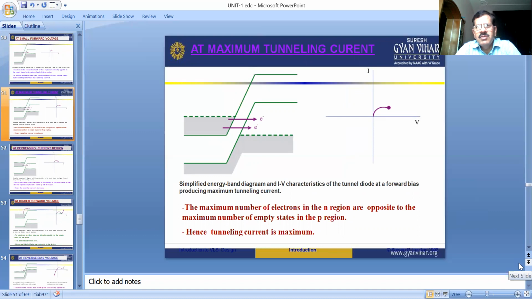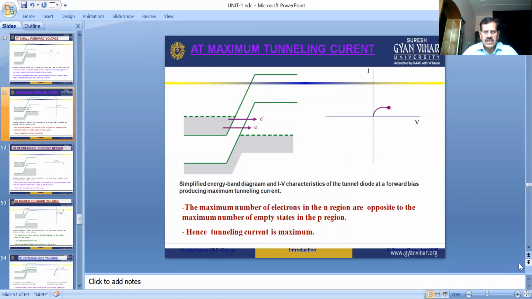Now we take the maximum tunneling current. Simplified energy band diagram and VI characteristics of the tunnel diode at a forward bias producing maximum tunnel current. The maximum number of electrons in the N region are opposite to the maximum number of empty states in the P region. Hence tunneling current is maximum.